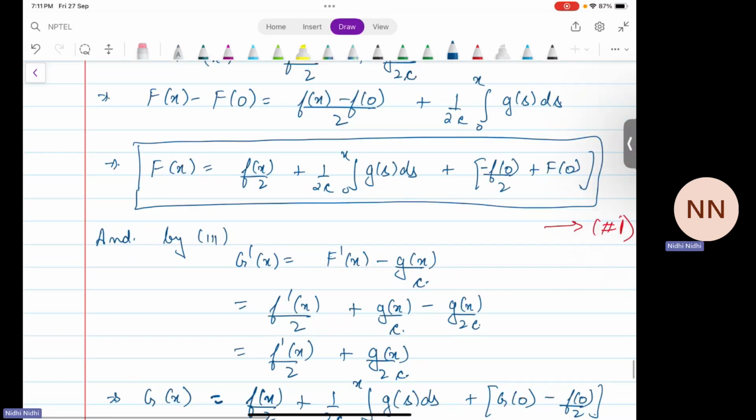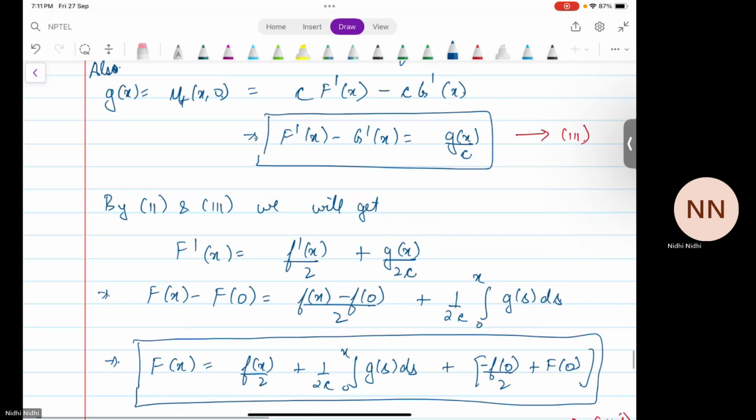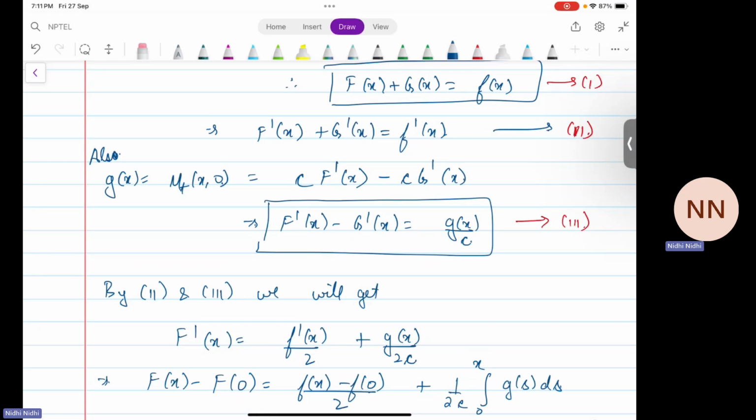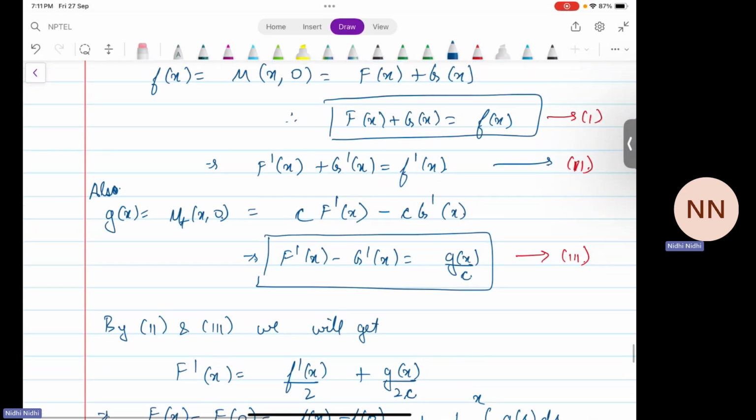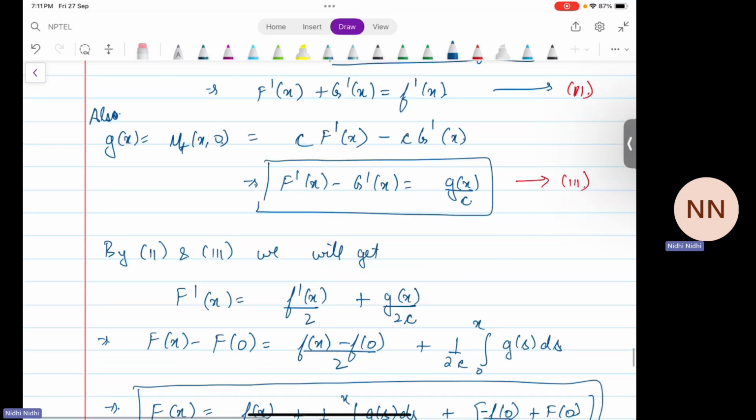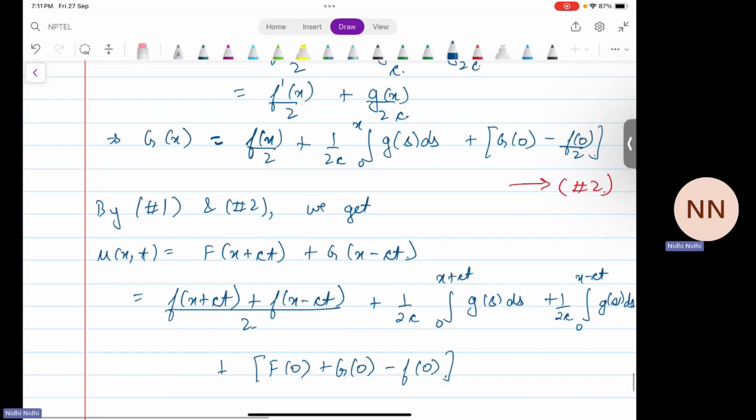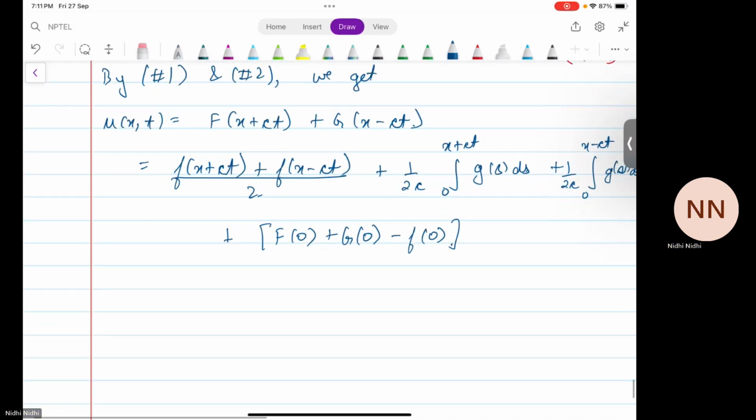Now by equation first, we know that capital Fx plus capital Gx is equal to small fx for every x. That means f0 plus g0 will be equal to small f0. So this is 0.